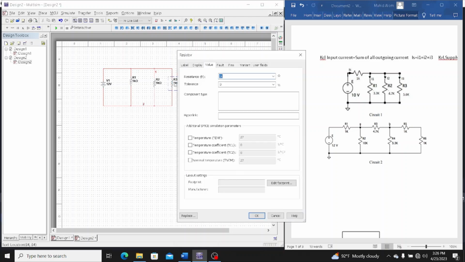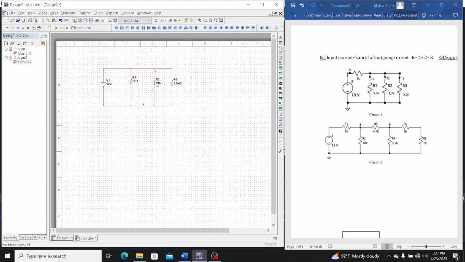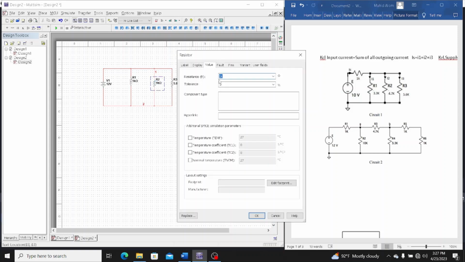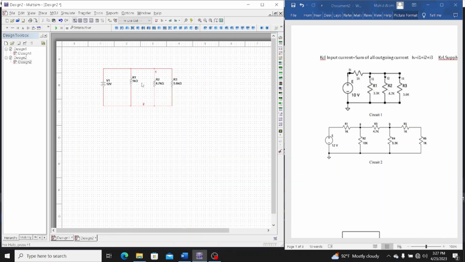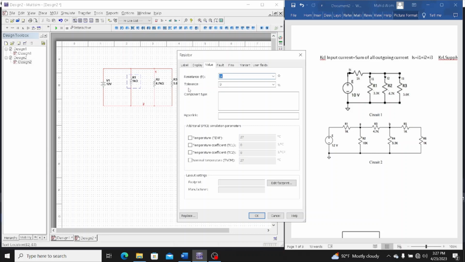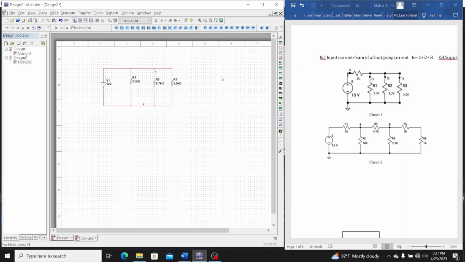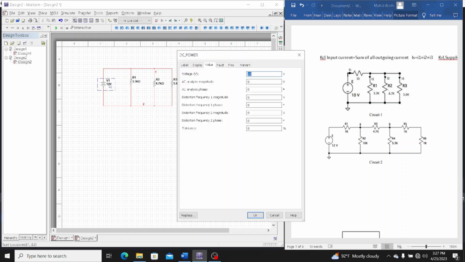Then I need to change the resistor values: R3 is 5.6 kilo ohm, then R2 is 4.7 kilo ohm, R1 is 3.3 kilo ohm, and the supply voltage is 10 volt.